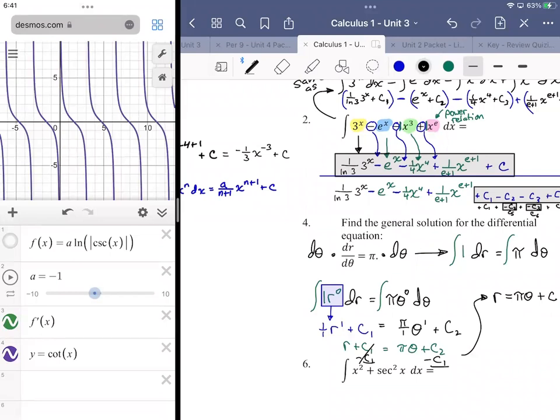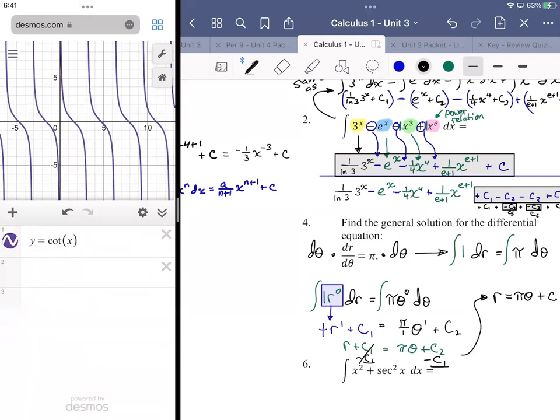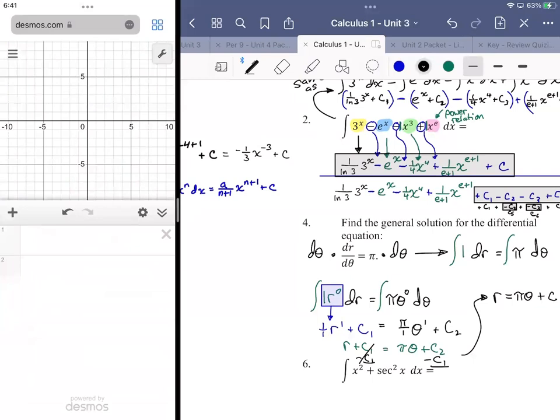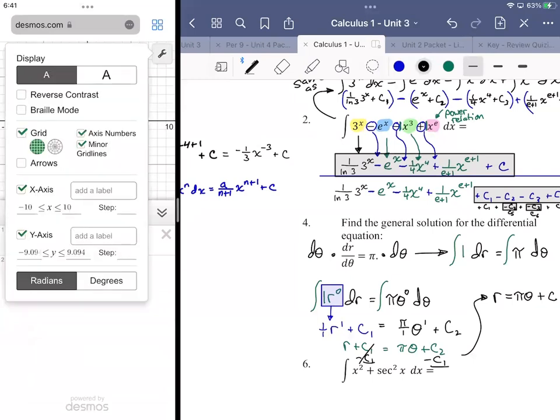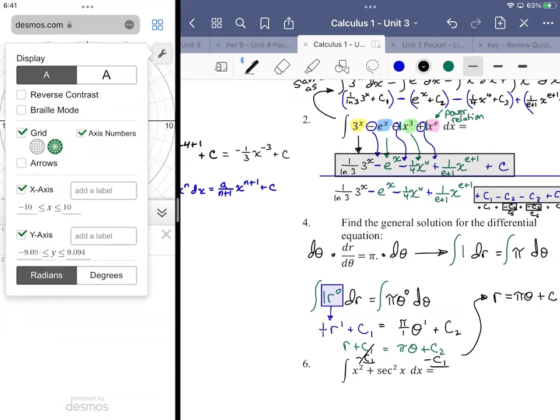So Desmos does have a polar mode. These are polar coordinates, I can show you really quickly. We're not doing much with polar in here though, so this is just a fun fact of the day. You create a polar graph.